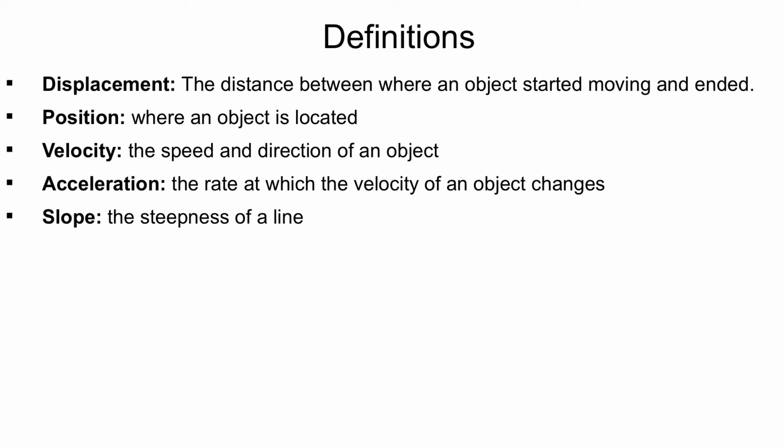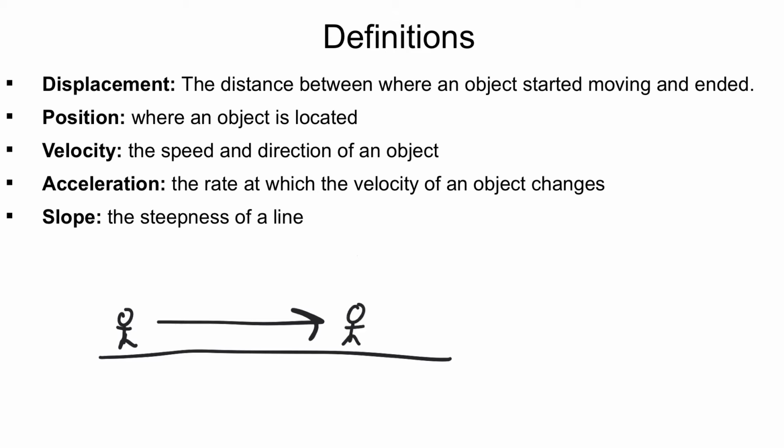So for instance, if you have a person on a sidewalk and they walked back and forth on the sidewalk several times, let's say they started at a spot of 0 meters and ended over here at 10 meters when they turned around, for their total distance traveled, you would calculate how many times they walked back and forth.